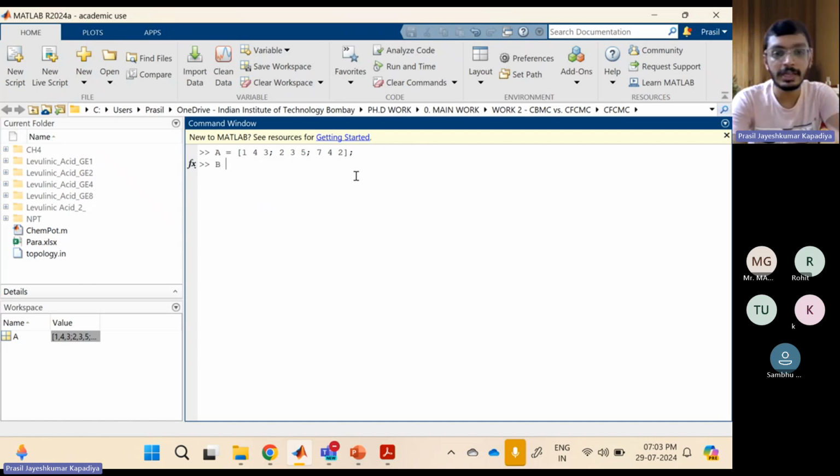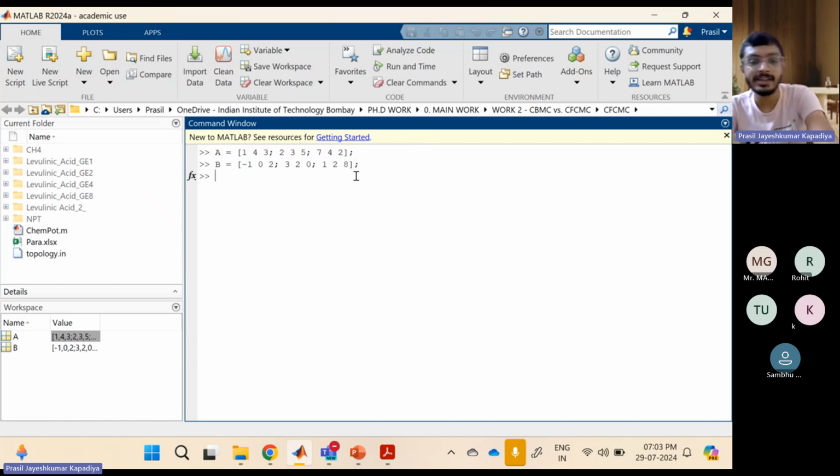Now let's create my matrix B: minus 1, 0, 2; 3, 2, 0; 1, 2, 8. Let's say I want to add these two matrices. So how can I add them? Let's say C is equal to A plus B. Addition can be done by A plus B, and it will give me the summation matrix.